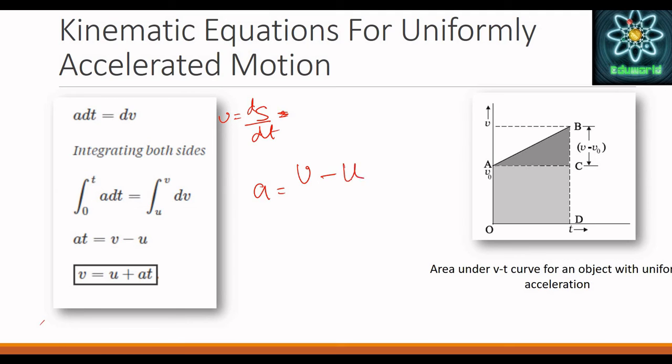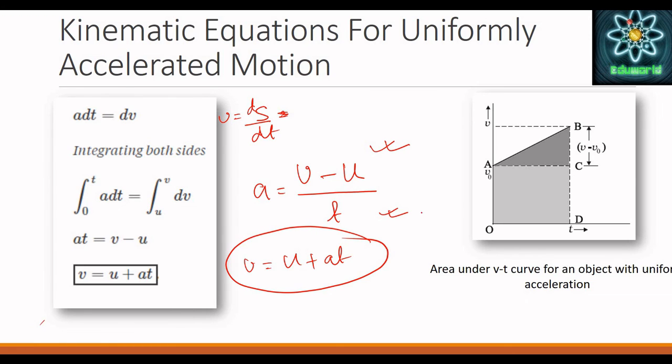So what is the change of velocity? v minus u, and in what time has this change of velocity taken place? In time t. So this is simply the acceleration, the rate of change of velocity, that is velocity change by time. Simply we can get that v is equal to u plus at. This is a very important equation for motion in a straight line.